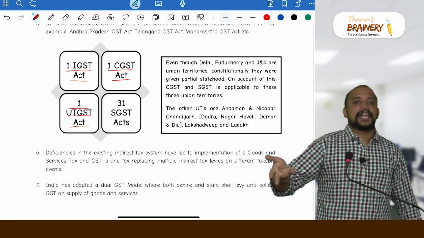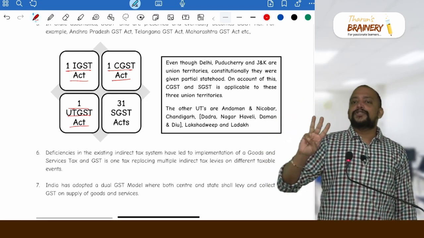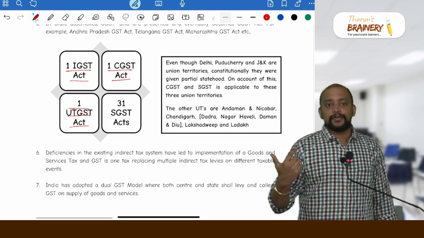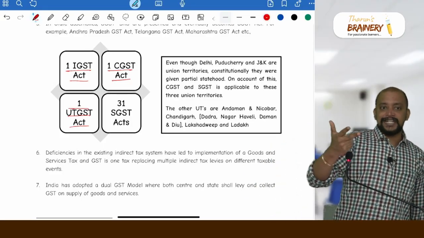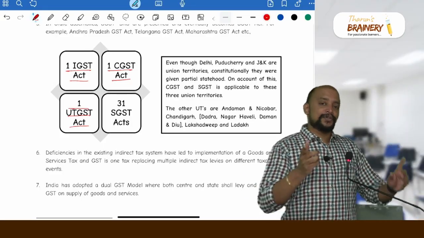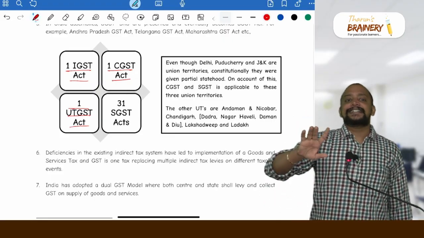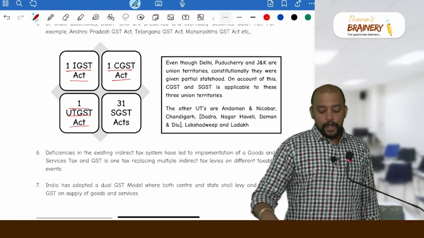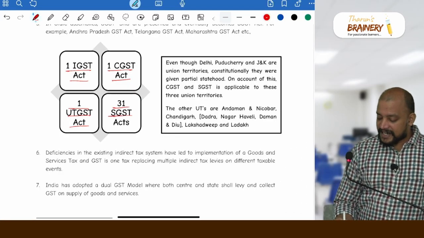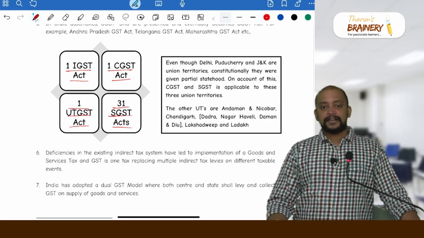That's how the states became 28, and 3 union territories are given partial statehood: Pondicherry, Delhi and Jammu and Kashmir. So 28 plus 3 is 31, so 31 SGST Acts will be there. Is it clear? How many SGST Acts? 31 SGST Acts. Got it?